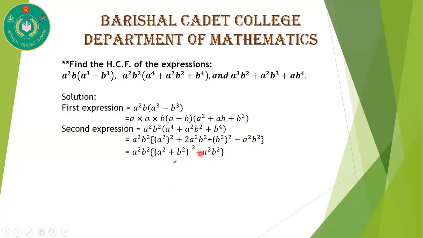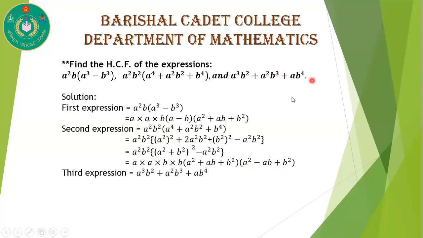A square minus b square is equal to a plus b into a minus b. Then we write a into a into b into a square minus b square is equal to a plus b into a minus b.